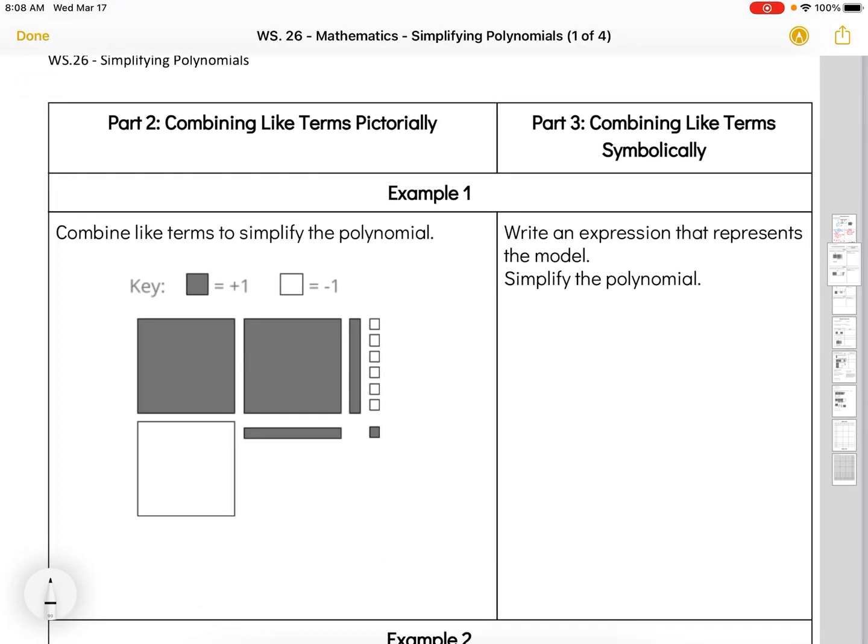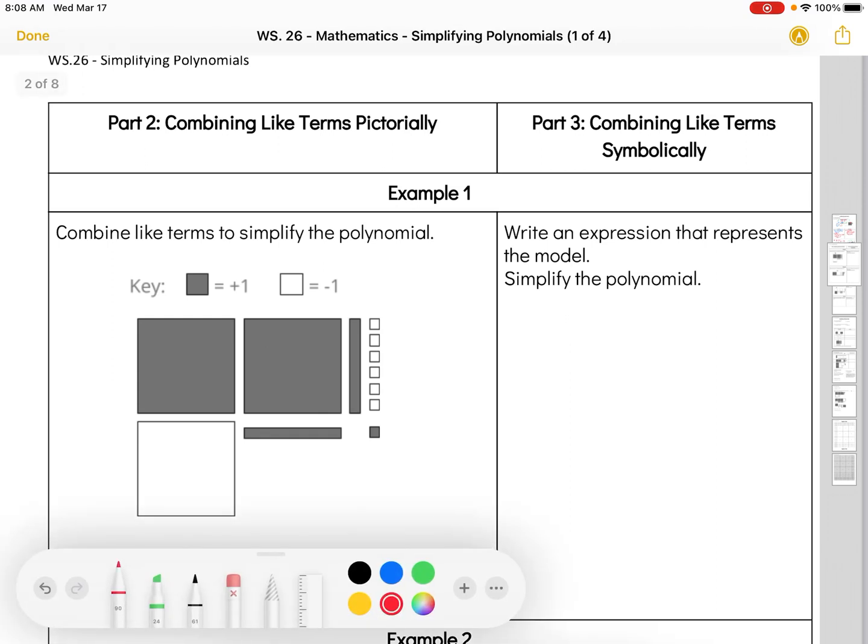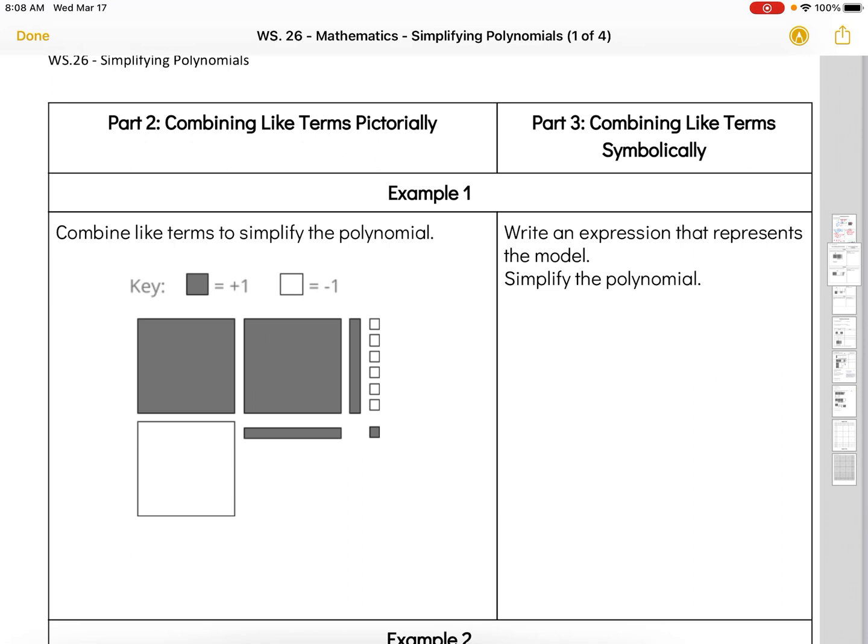So here I've got my algebra tiles, and when we combine them, basically what we're doing is gathering up opposites and making zero pairs. So here I've got two x squareds, I've got a negative x squared, I've got a couple of x's, and I've got some unit pieces.